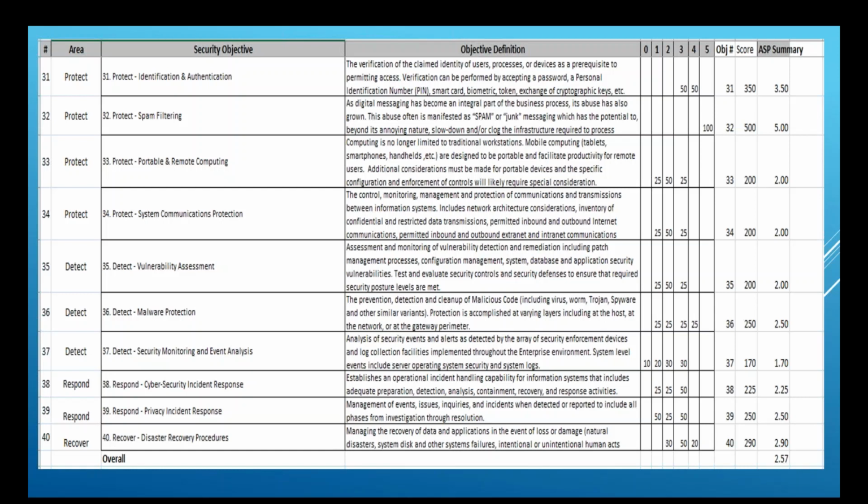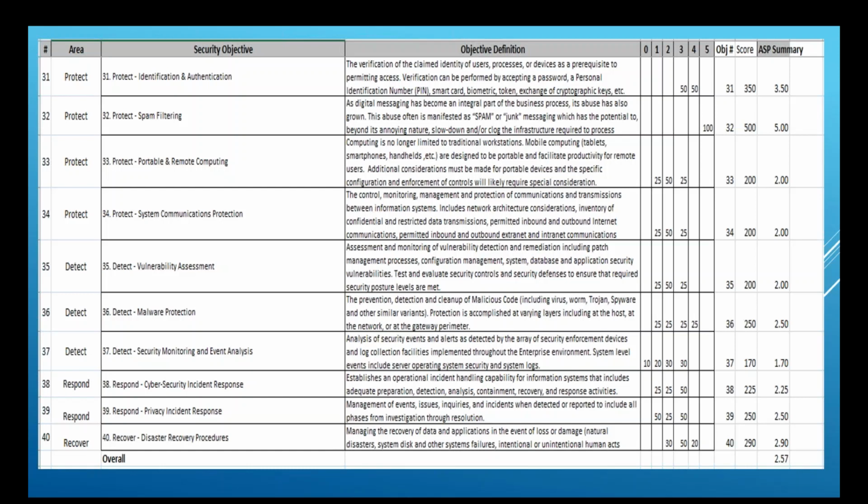Spam filtering. Most of us have spam filtering of some type. Do they block everything? No. But we have them, because otherwise our users would be spending all their day trying to delete mail. So in this case, I said we have that optimized and documented, so I scored a 100% at a level 5.